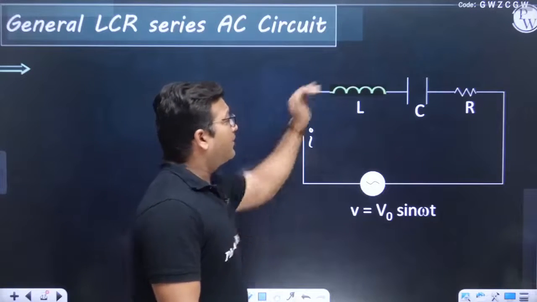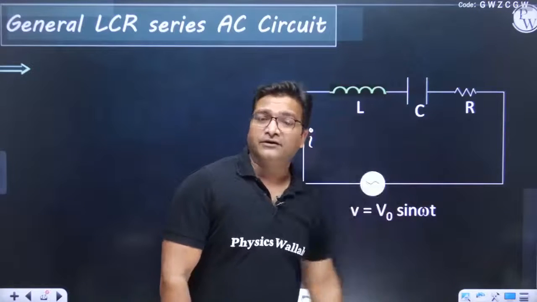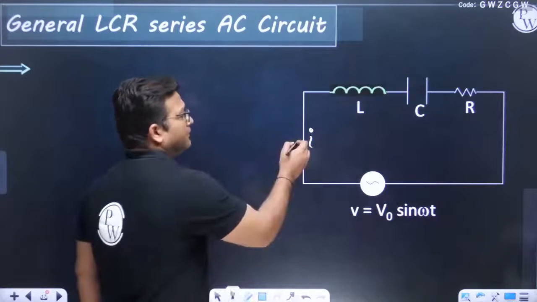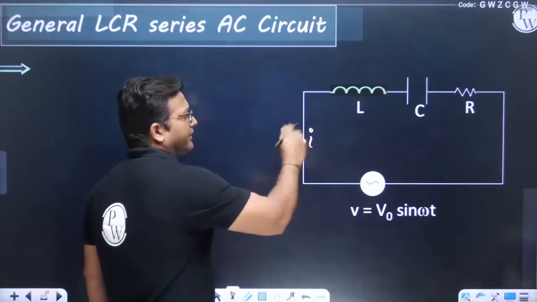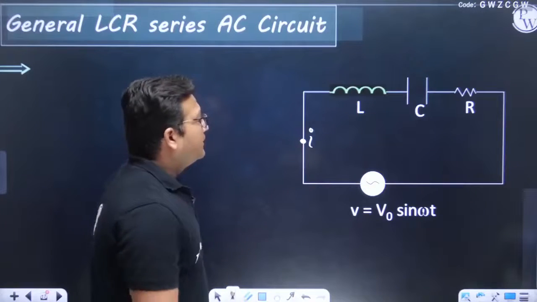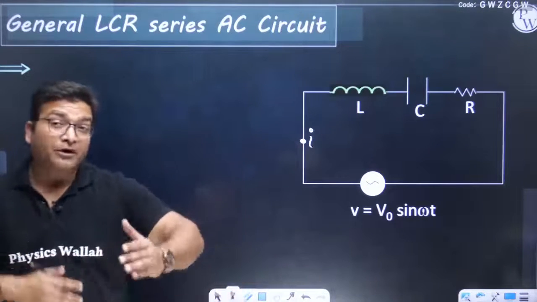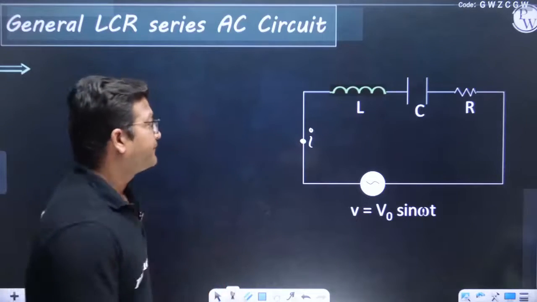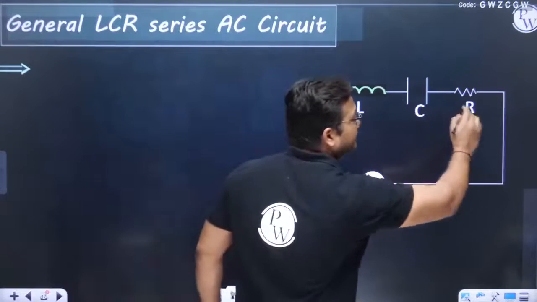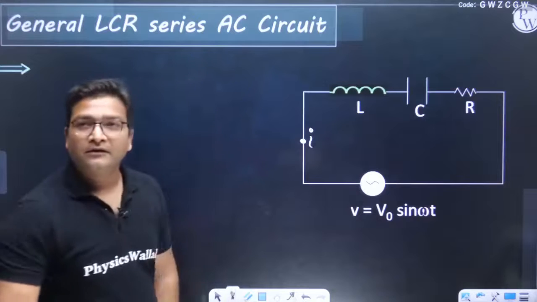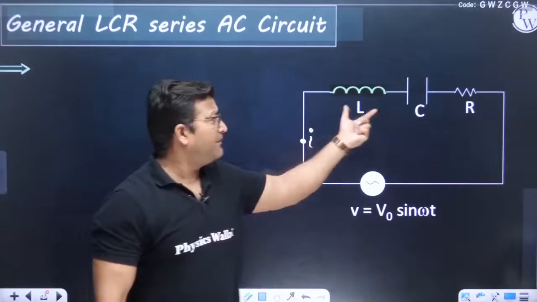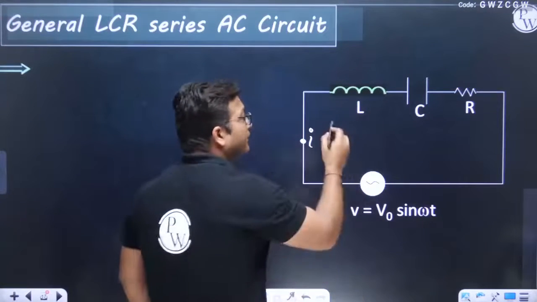Sometimes it is clockwise and sometimes it is anti-clockwise. The most important property of a series circuit is that the current in each element will be the same at every time. So, current is the same in every one and voltages will be different.